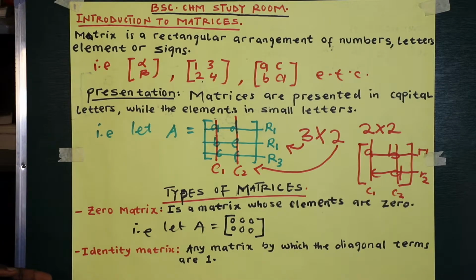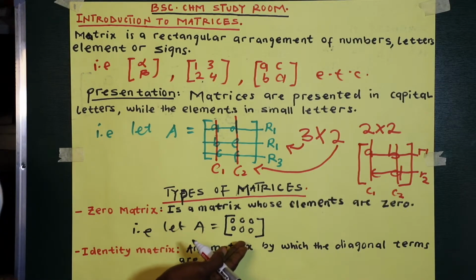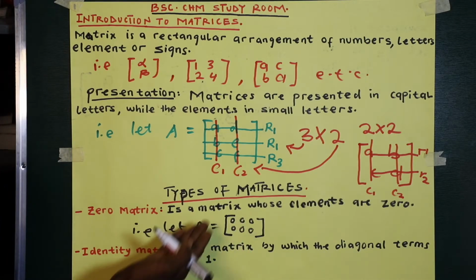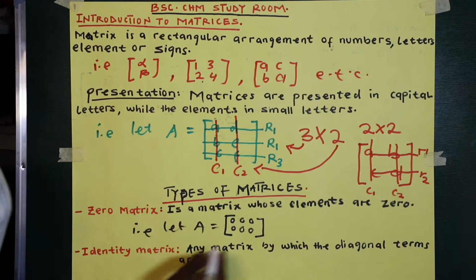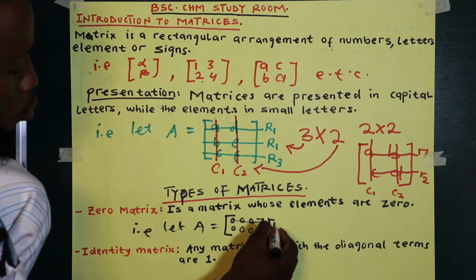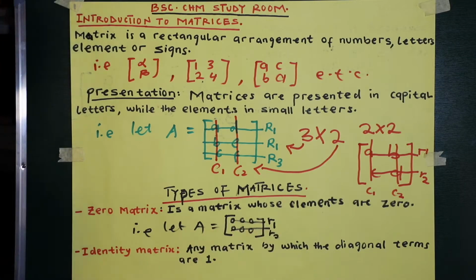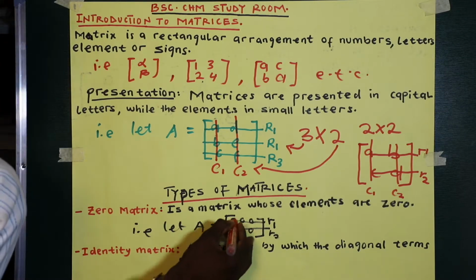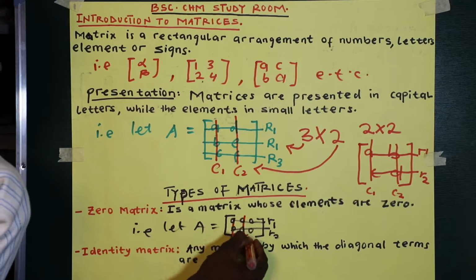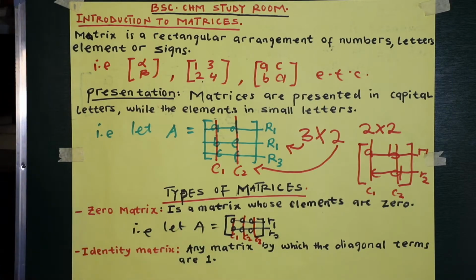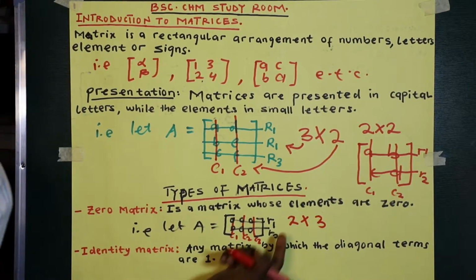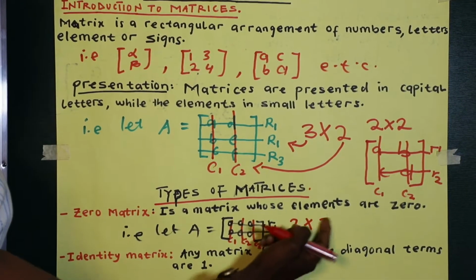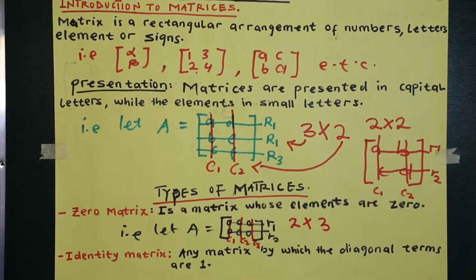When all elements of a matrix are 0, whether letters, numbers or signs, that matrix is called a zero matrix. And the order of this matrix will be row 1, row 2, column 1, column 2, column 3. Therefore, we have a 2 by 3 matrix. These 2 represent the rows, while 3 represents the columns.